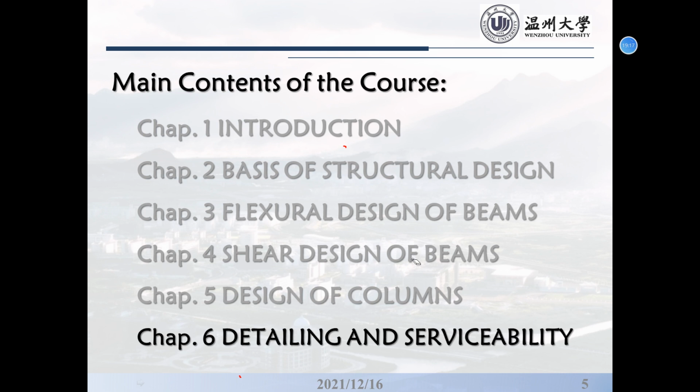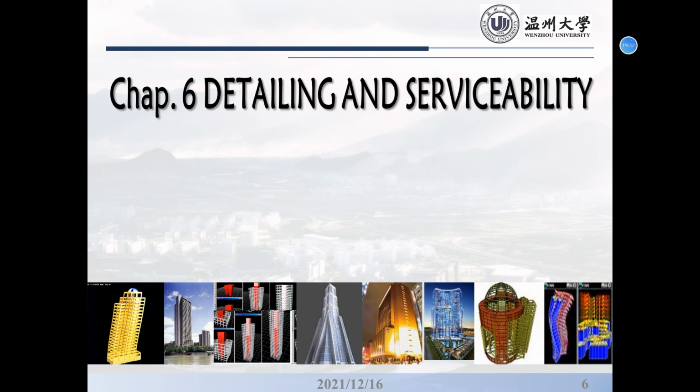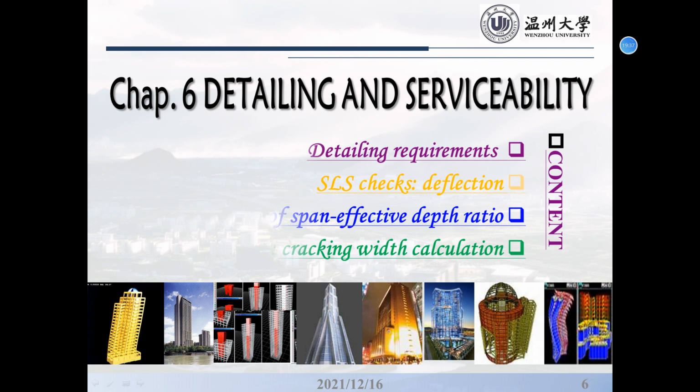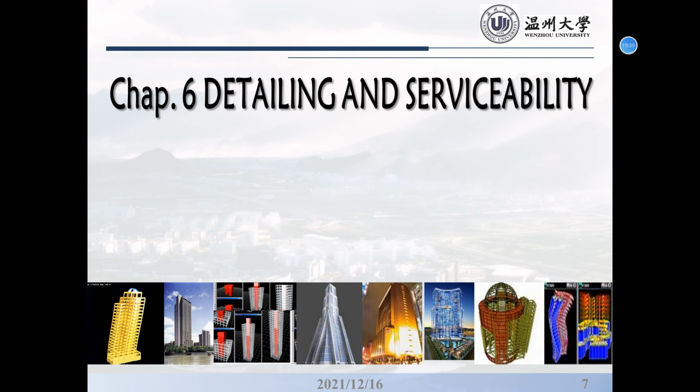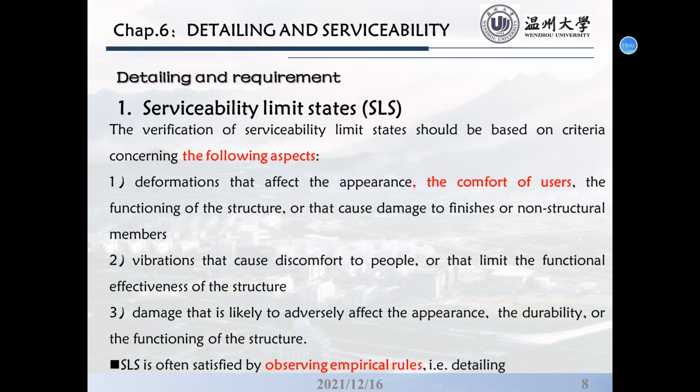Only when the structure satisfies the ultimate limit state and the serviceability limit state can we say it's a good quality structure. Look at here. Here are divided 4 sections. One section is about detailing requirements. For serviceability limit states, we just have a quick brief review about what things we cared about in the serviceability limit state.